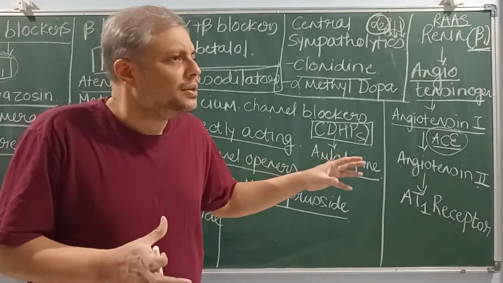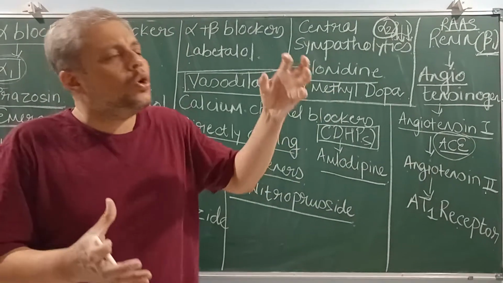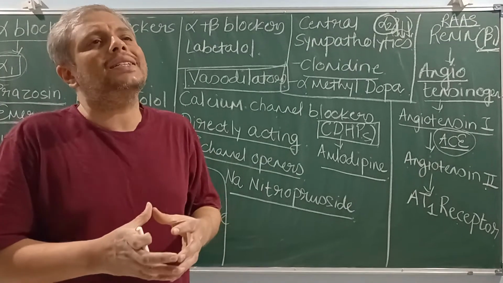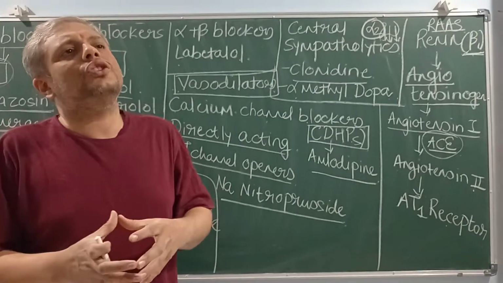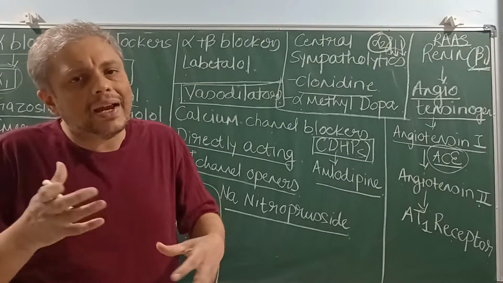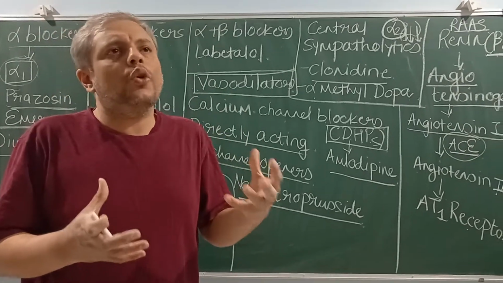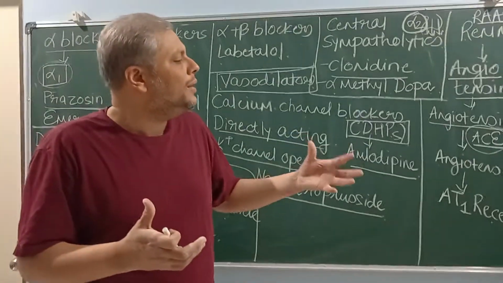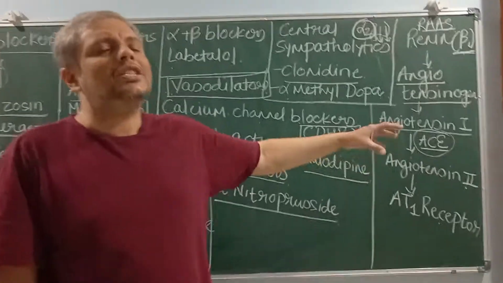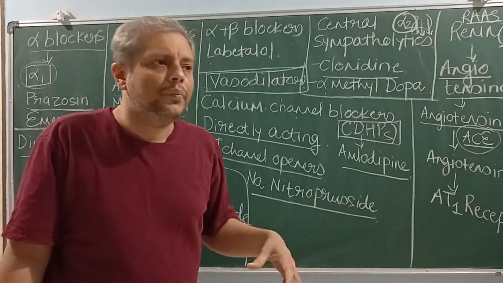Because of this, on one side it causes vasoconstriction, on the other side it stimulates the aldosterone release, and that's why it increases the fluid in the body. That's why this angiotensin 2 is the chief culprit for hypertension.